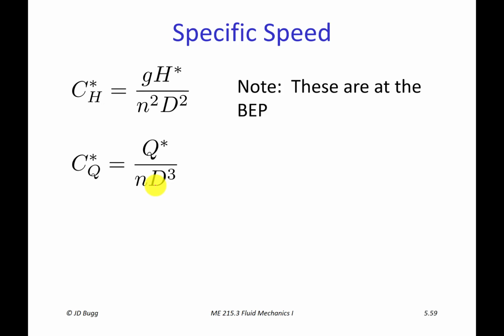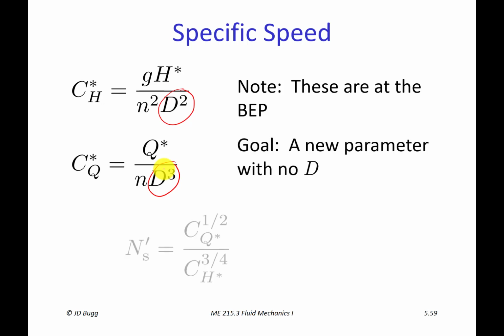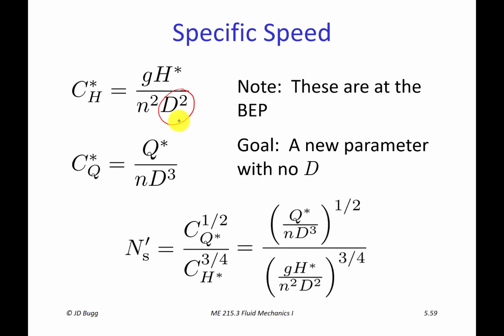So we can do that here in such a way that we eliminate the D from the new group we're forming. How do we do that? Well, we take the capacity coefficient, which is the bottom one, and raise it to the 1/2 power, and divide it by the head coefficient raised to the 3/4 power. If we substitute in our expressions for CH and CQ, we can see what that's going to do.